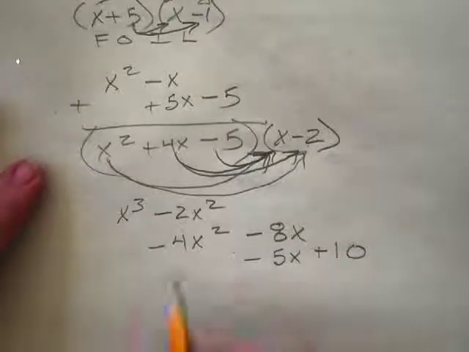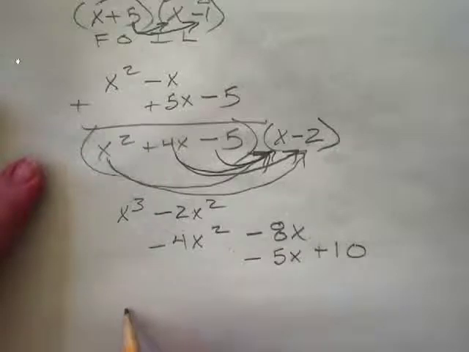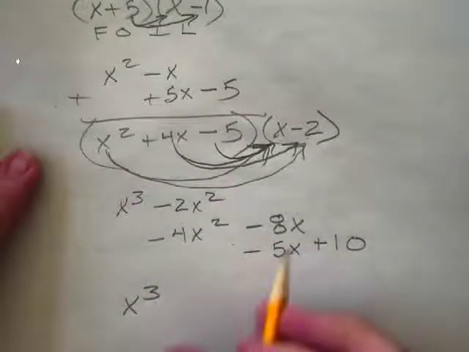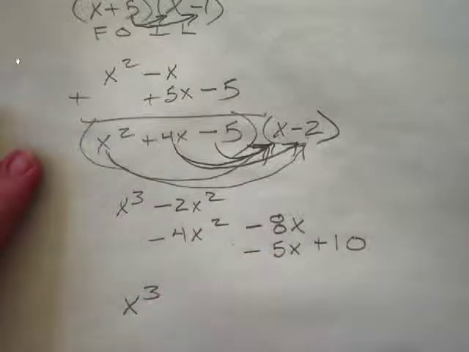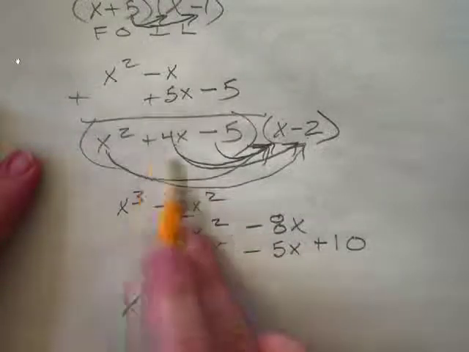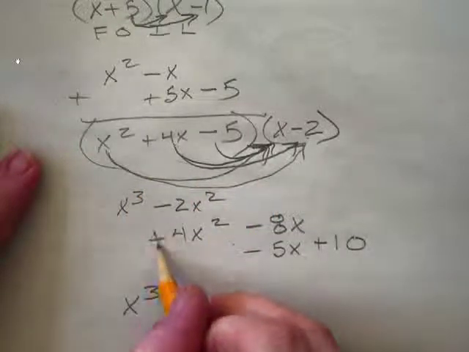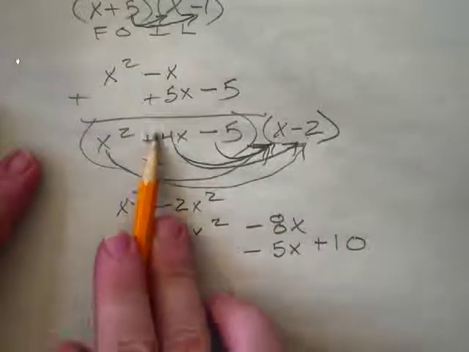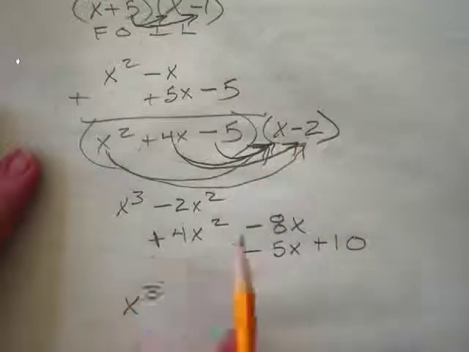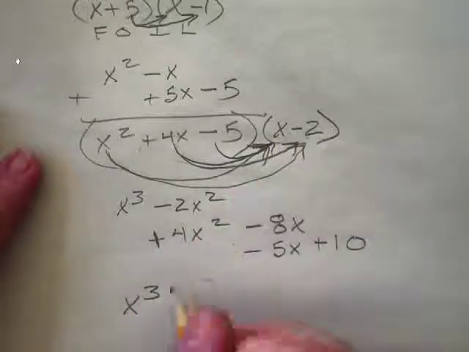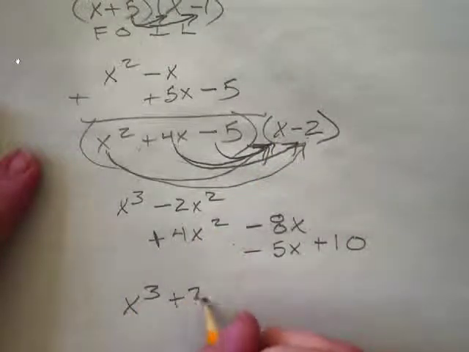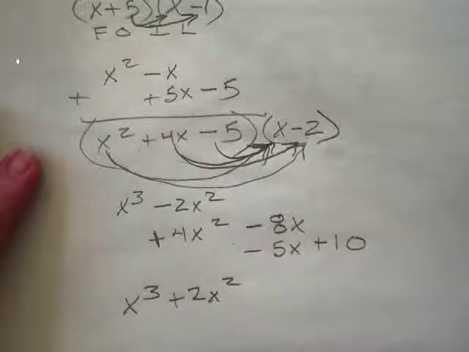Now we add them together. x cubed plus nothing is x cubed. Negative 2x squared plus a 4x squared, oh excuse me, that's a positive 4x squared, not negative. See how that's a positive and that's a positive, so positive 4x squared. We get positive 2x squared.